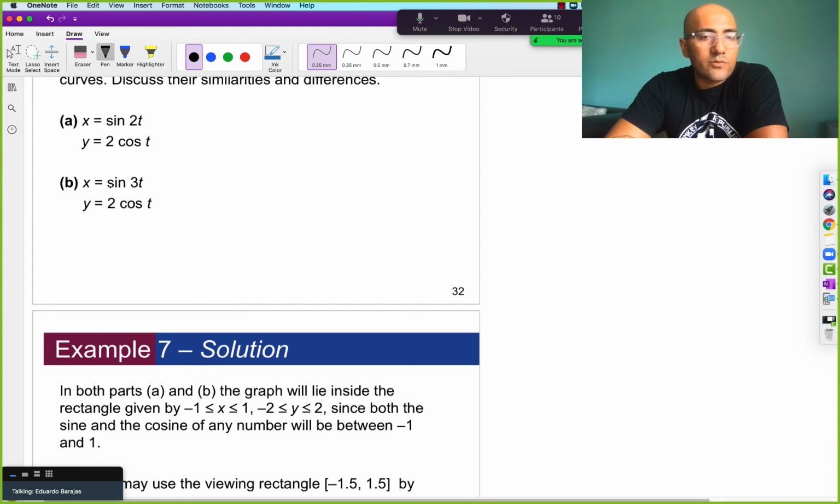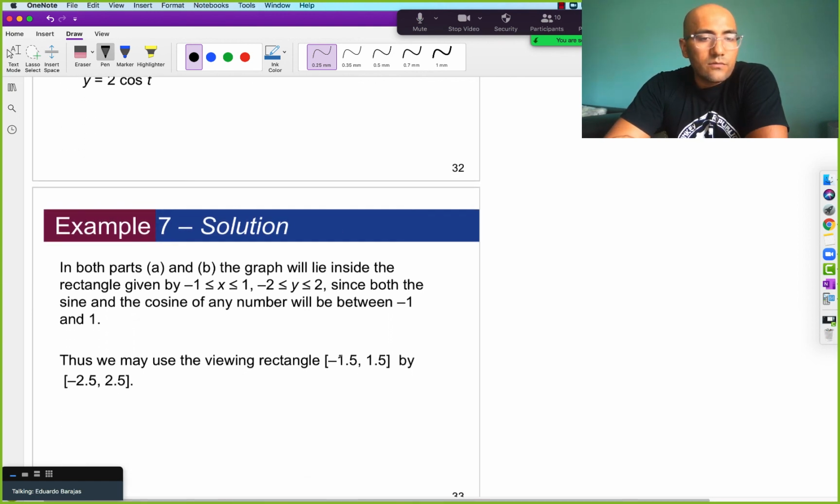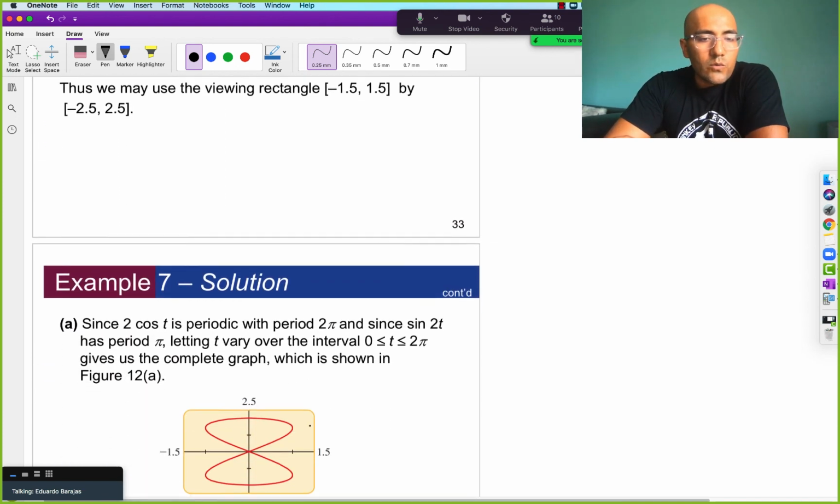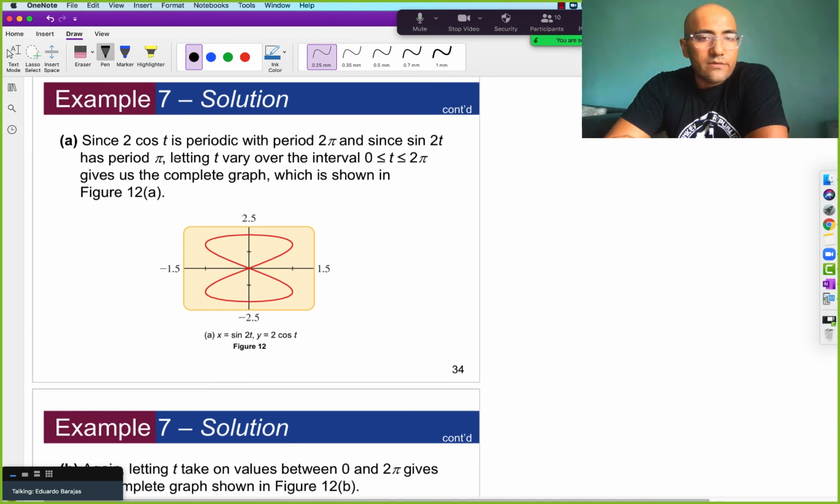It's still trapped between -1 and 1. And this 2 right here changes the amplitude, so it's bounded between -2 to +2 for the y coordinates. Good. Since both our sine and cosine numbers lie between -1 and 1, we tried that rectangle. Okay, so there you go. You just have to use your technology to graph it. That's all these questions are going to ask you to do.